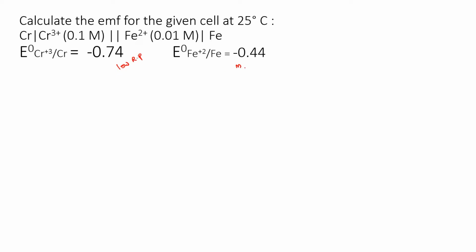This one has more reduction potential. More reduction potential acts as what? Cathode, undergoes reduction. Low reduction potential acts as anode, undergoes oxidation reaction. Now chromium undergoes oxidation, iron undergoes reduction.